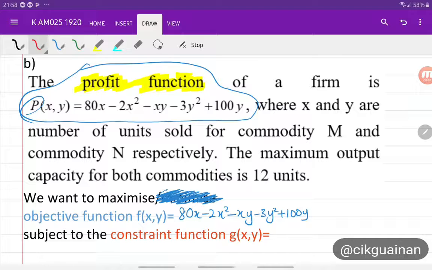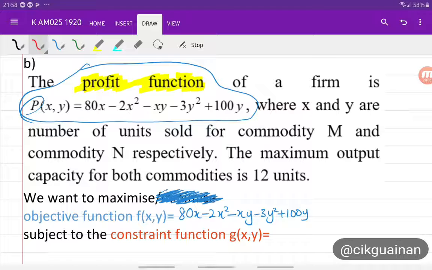Now, for the second one, we want to find the constraint. As we discussed earlier, the constraint function is the one that bounds the production. This is the profit function, so we need to know the x and y, right? But a machine cannot run forever, because of labor cost, electricity cost, and using more material.